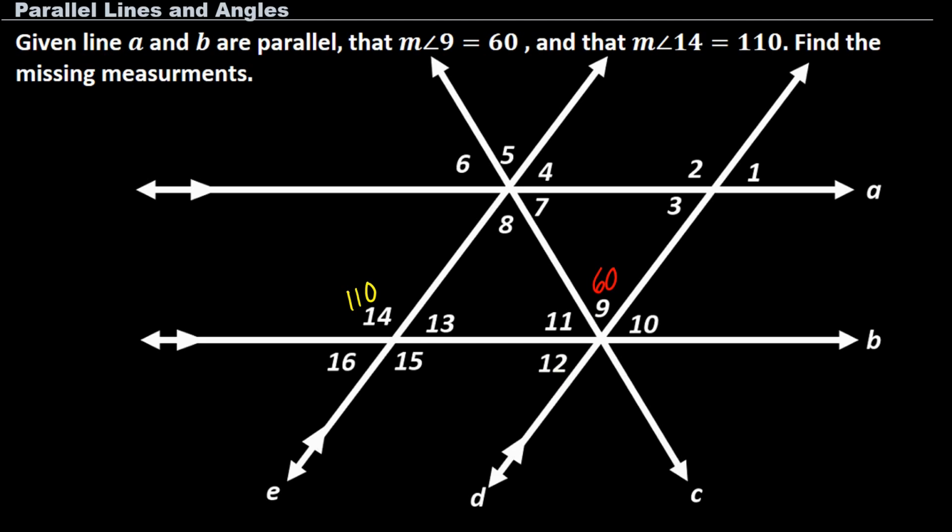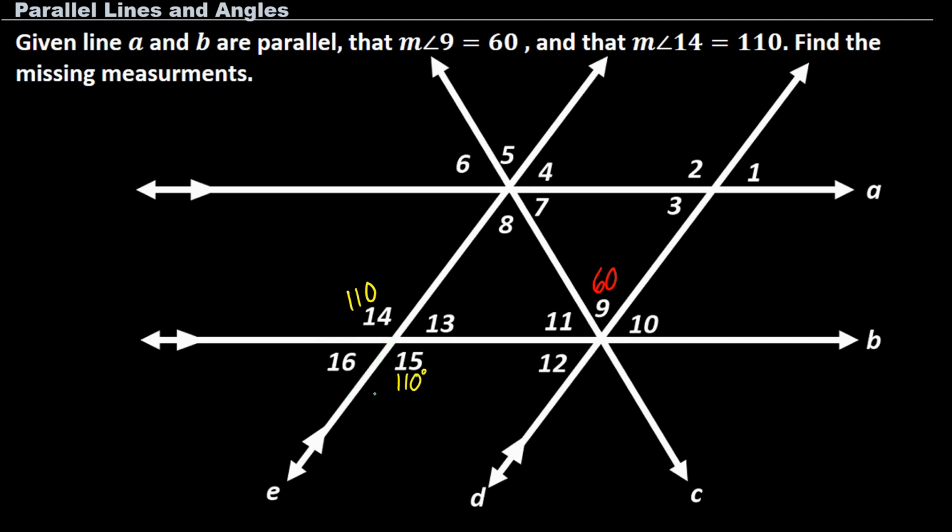So from 110, I would be able to see that straight across from it forms vertical angles. So 15 is vertical to 110, that angle 14. So then 15 is going to have the same measurement, 110. Which then, if we look at 16, 16 and 15 form a linear pair. They create a straight line underneath them.